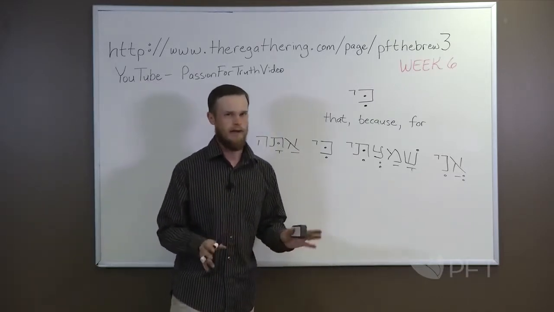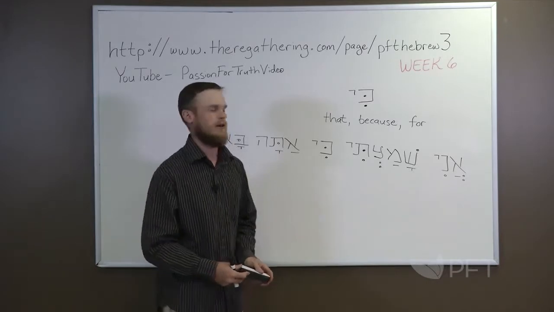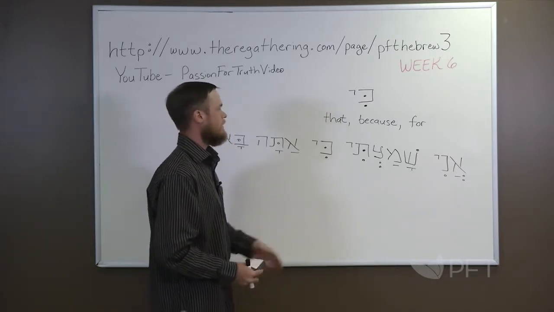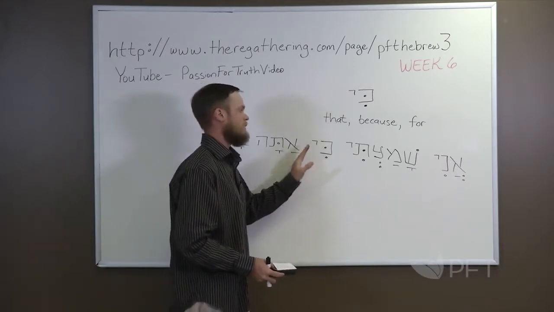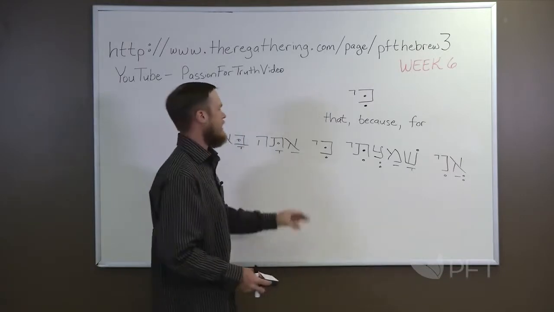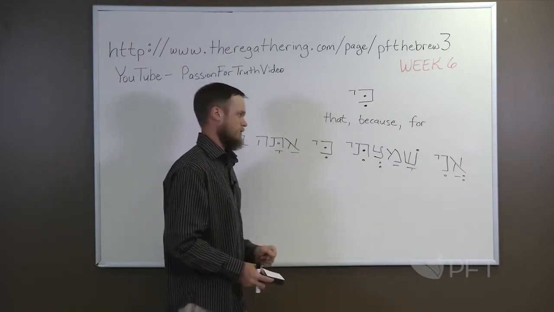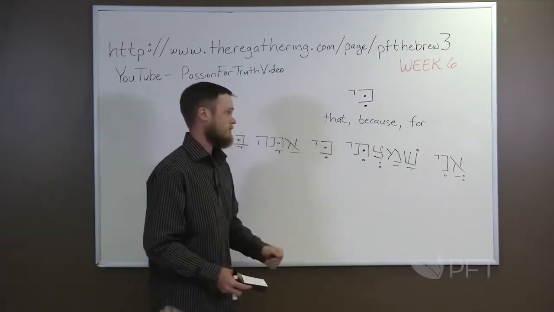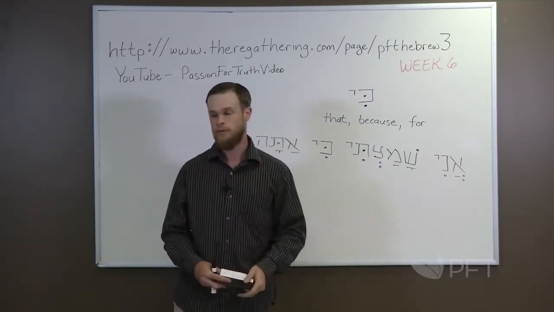It's kind of hard to quantify how the word that is actually functioning in that sentence, but ki can be used as that in that sense. It has a little more clear causative function when it does mean what we think of as because.